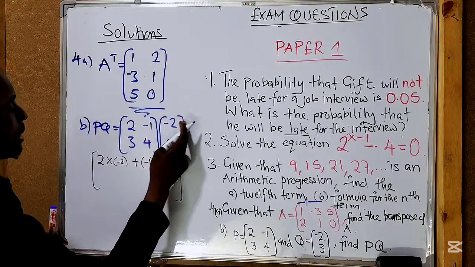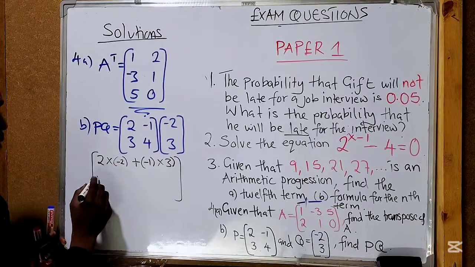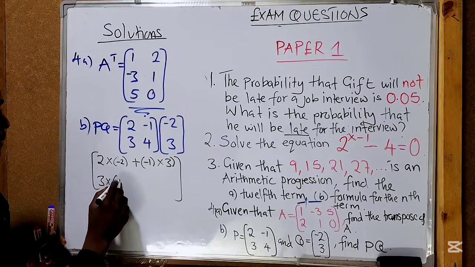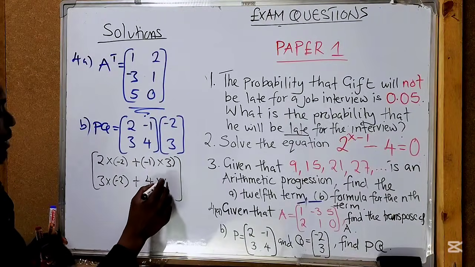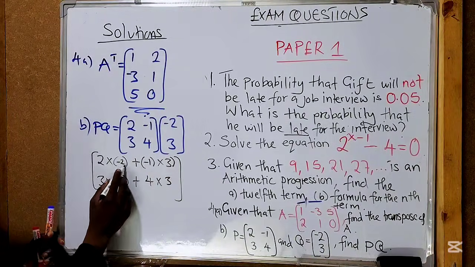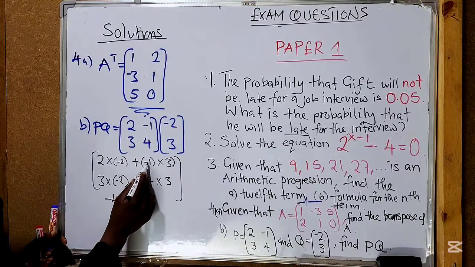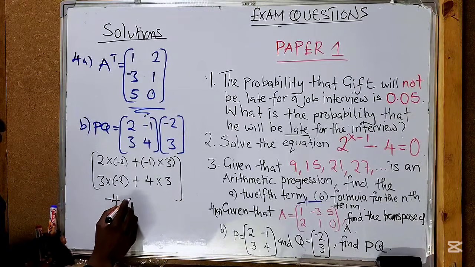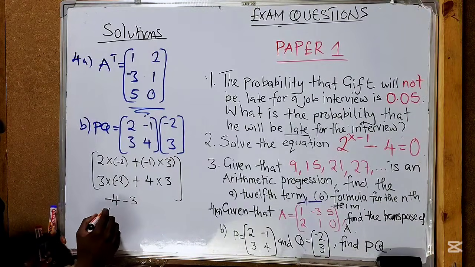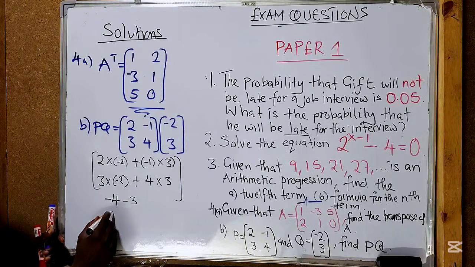Do we still have another column here? No, so you just come down. 3 times -2 plus 4 times 3. Simple. This times this is -4. -1 times 3 is -3. 3 times -2 is -6.